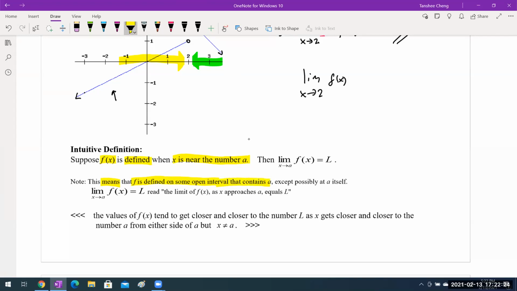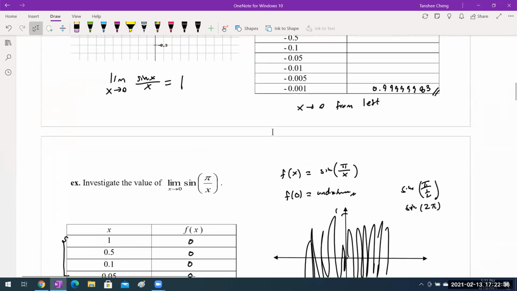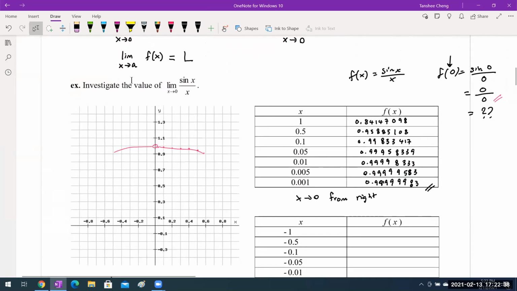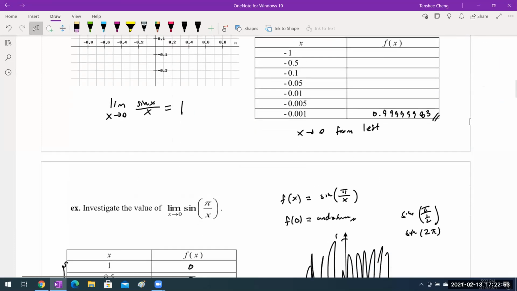In that interval that contains a, except what is possibly at a itself, meaning it may not be defined at a itself. Okay, and we already saw that case. See that? Like in this problem, we can find the function value very, very close to 0, but not at 0, right? Because the function value is not defined there.